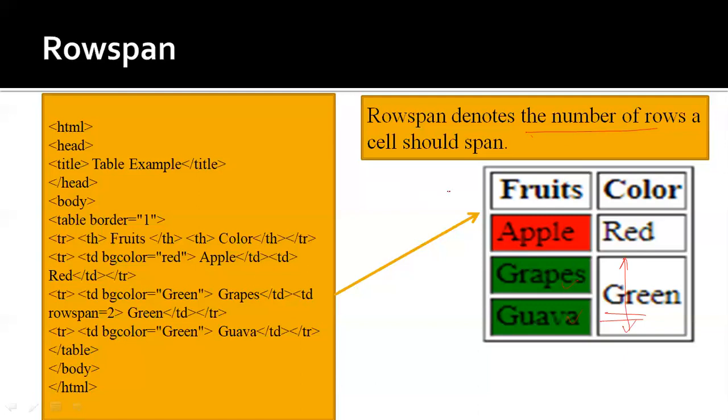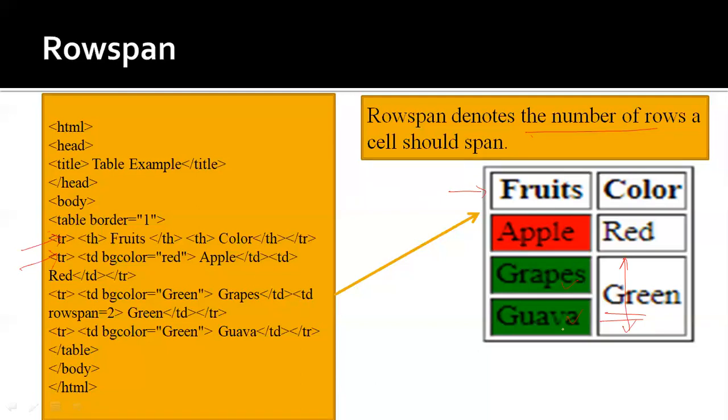How we can design the code for this? Let's see, first row contains individual cells, so there is no problem. Then second row also contains apple and red individual cells.